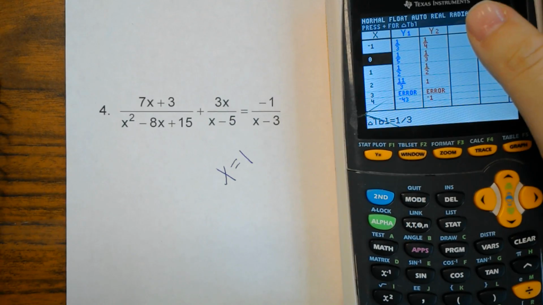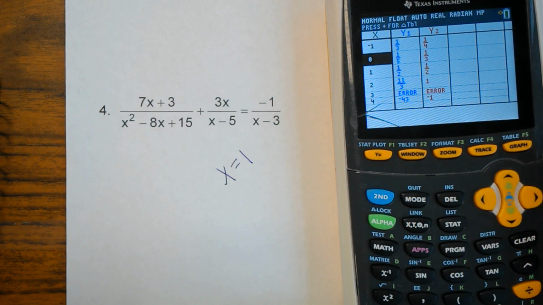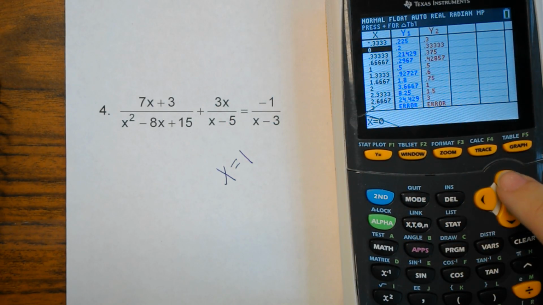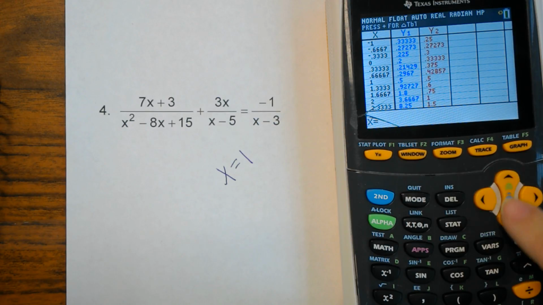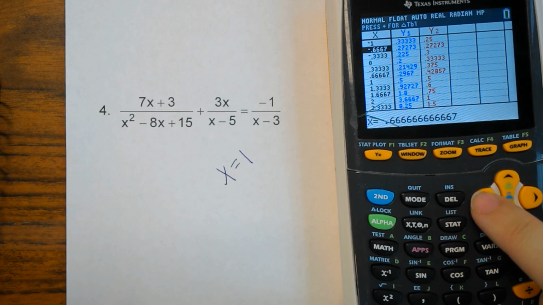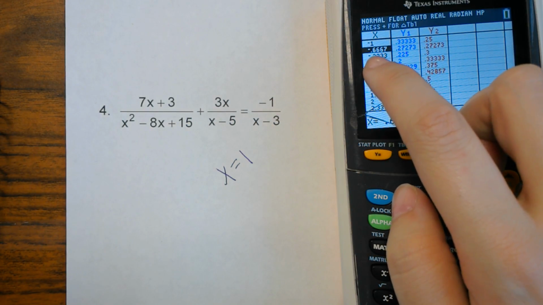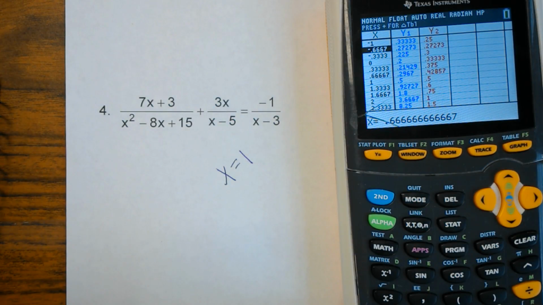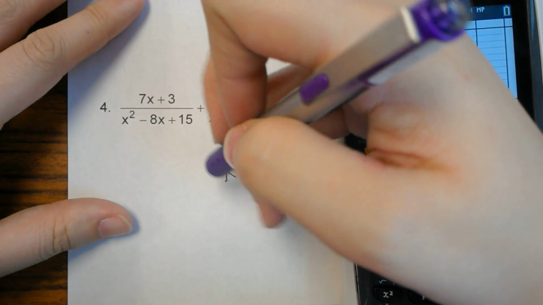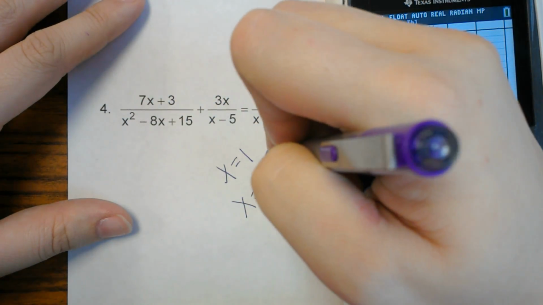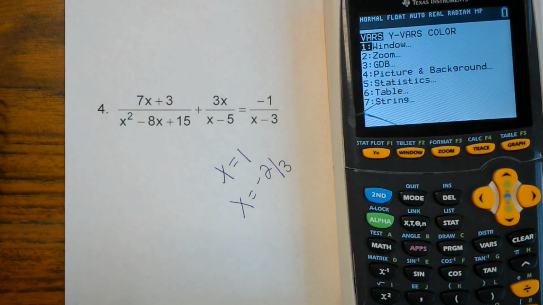So I want my x's to go by, I'll try 1/3. So here it is. These are the same. So if that is changing by a third, that's 1/3, that would be 2/3. So my answer would be negative 2/3.